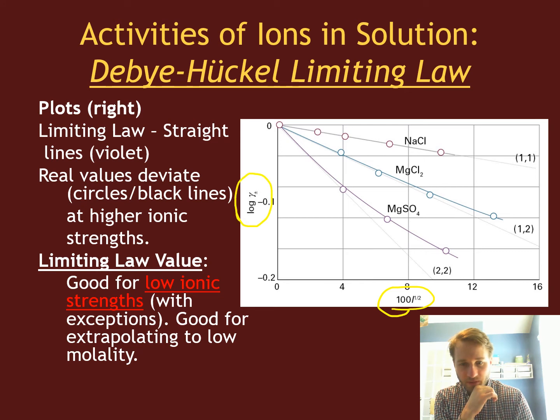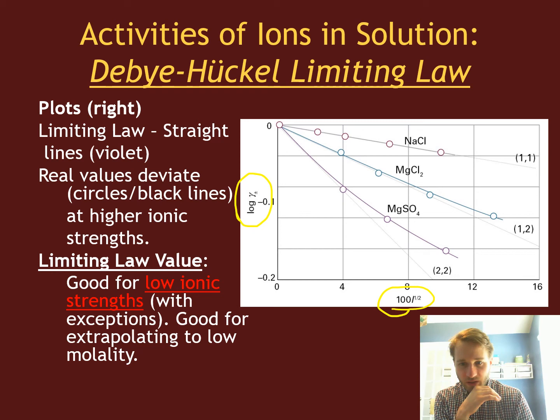This plot, assuming it behaves by the Debye-Hückel equation, should be a straight line, because the log of gamma is equal to some stuff times ionic strength to the 1/2 power. So this should be a straight line, and that is what we see for low ionic strength solutions.